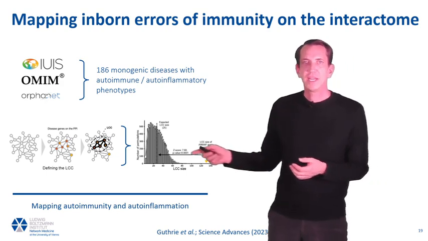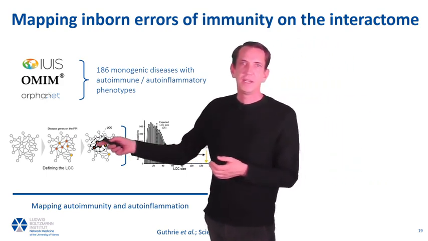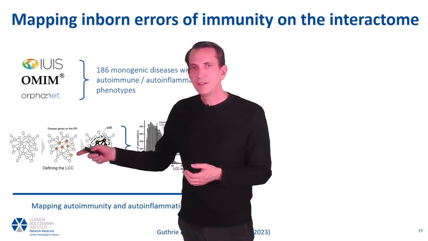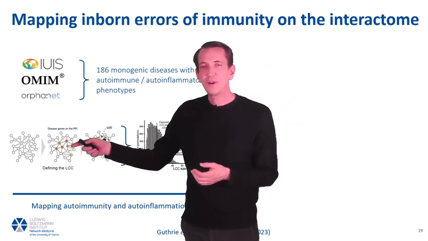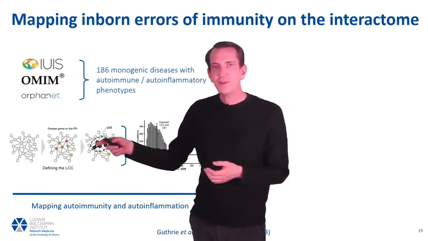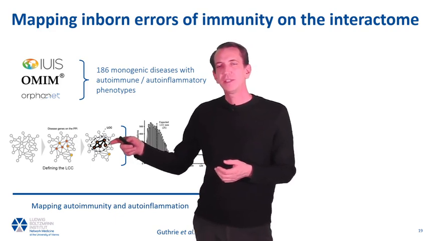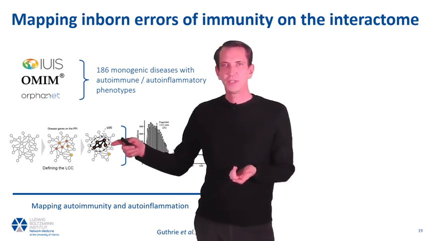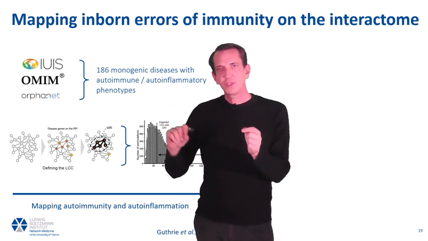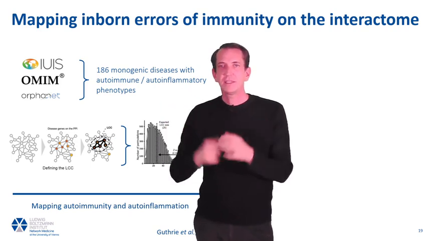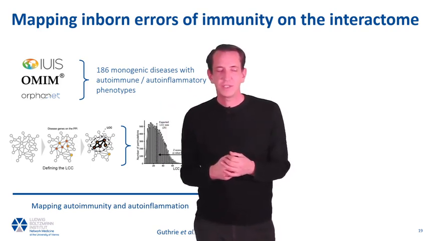What you can see here schematically is we color the different known genes of these known defects. And the first thing that we would characterize is the so-called largest connected component. That is, how many of those genes actually form a cluster that is directly connected to each other.